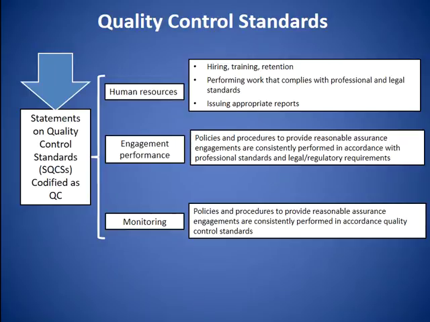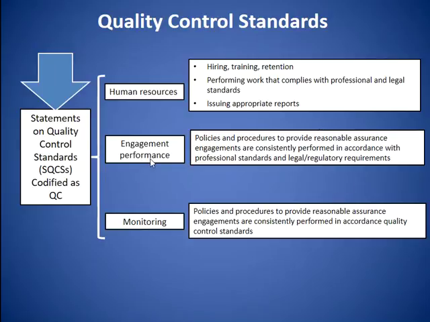Now, we'll continue on to human resources. The human resources side in the public accounting firm includes processes over hiring, training, retention, performing work that complies with professional legal standards, and also issuing the appropriate reports.